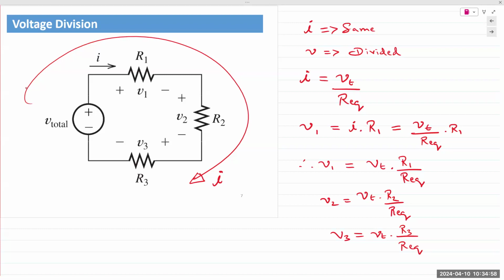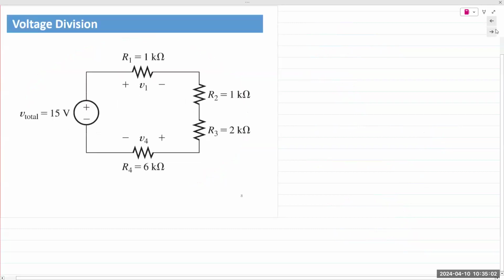Make sense? Let's take a look at an example. We have a supply voltage V total of 15 volts applied to a series connection of 4 resistors, 1, 1, 2, and 6.